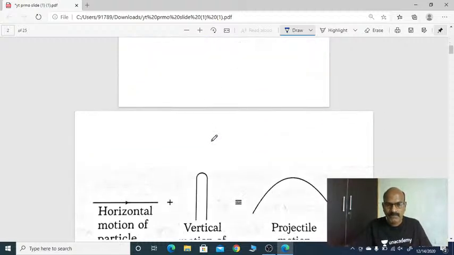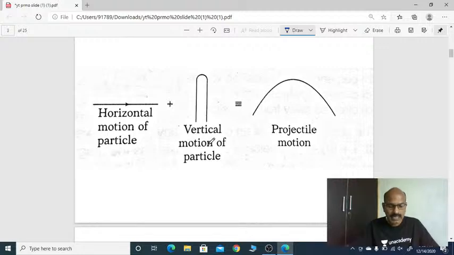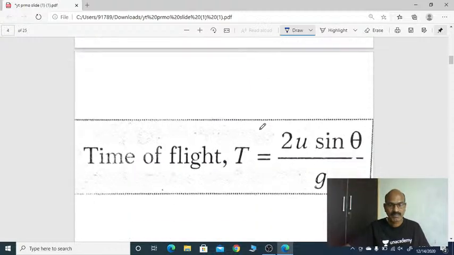The horizontal motion of a particle plus the vertical motion of the particle combined, we can call projectile motion.